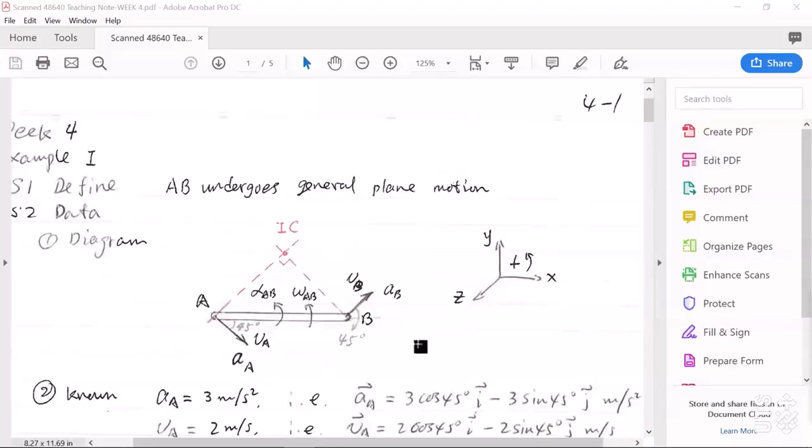Now, the kinematics diagram. This is AB. At point A, we already know its velocity, VA, and its acceleration, AA. The angle between VA and AA and rod AB is 45 degrees at this instant.